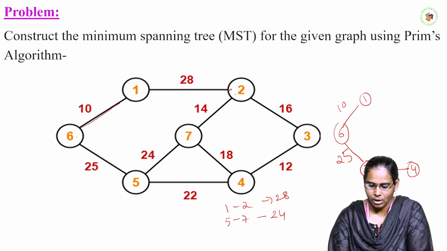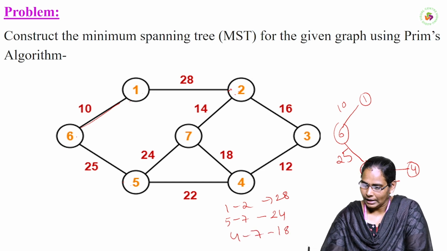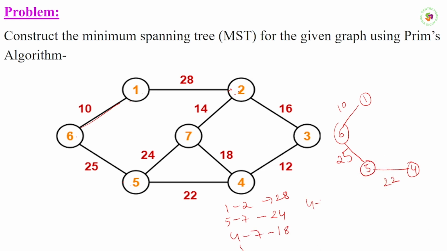Again coming to the 4, 4 to 7 also there with 18. Again 4 to 3 also there with 12. So among these 4, which one has the minimum cost? So 12 is the minimum cost with the 4 to 3 edge. So note down that edge.